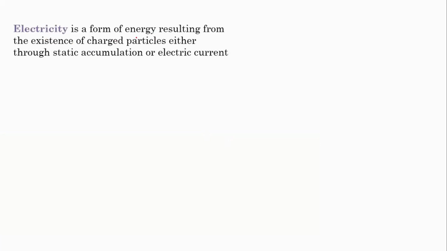So energy. What's a golden rule when it comes to energy? We know that energy can neither be created nor destroyed. It simply is transformed into different forms. So electricity is a form or type of energy, and it results from the existence of charged particles, either through static accumulation or electric current.